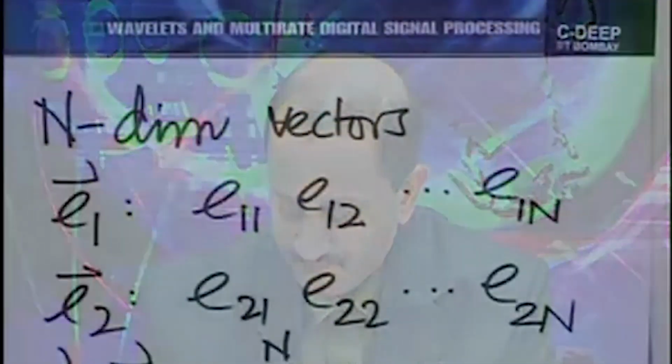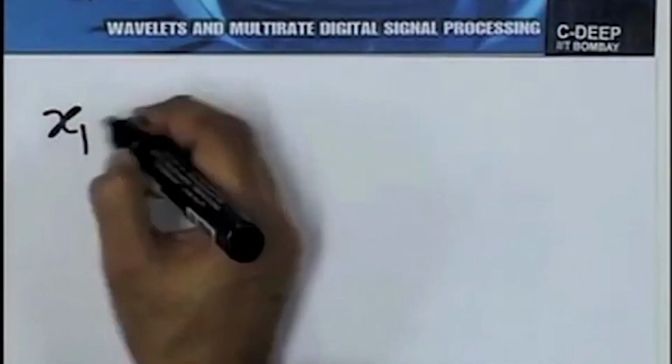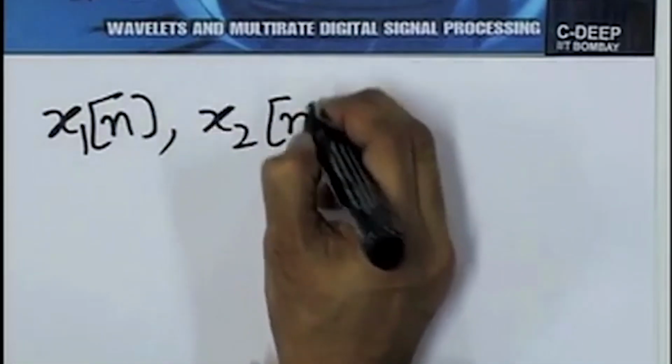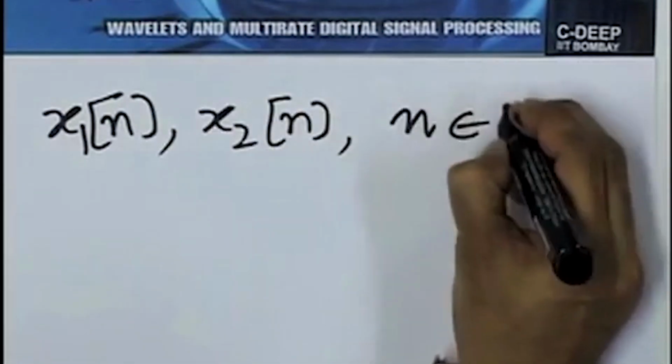Now, we can even take this to infinite dimensions. So, we can think of the dot product of two sequences, let us say x1 and x2. So, we have here for example, two sequences x1[n] and x2[n] defined over the set of integers n over all the integers.